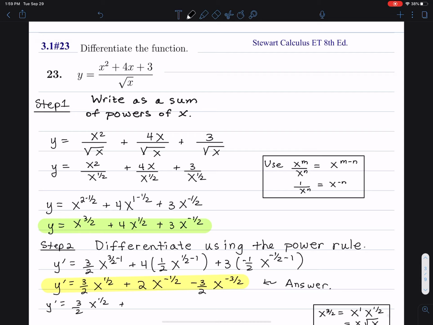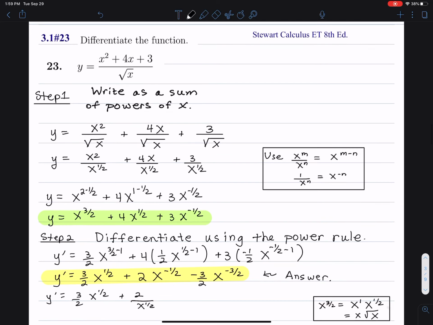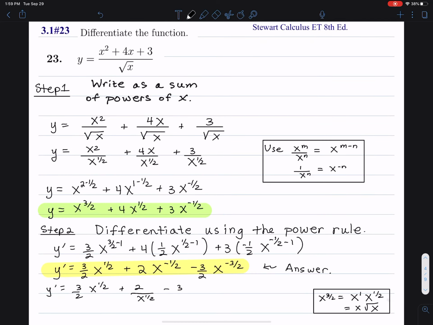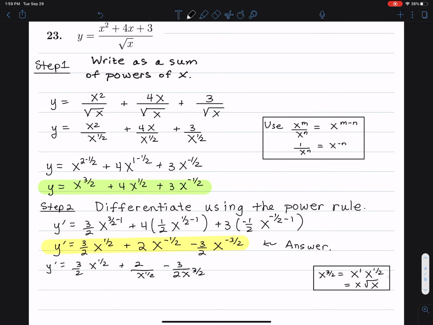Before I do that, let's first move these powers of x to the negative 1/2 so that we have a positive power, but that moves it to the denominator. And I have a little note here that x to the 3/2 is equal to x to the 1 times x to the 1/2, because 1 plus 1/2 makes 3/2. And then x is x, and x to the 1/2 is square root of x.